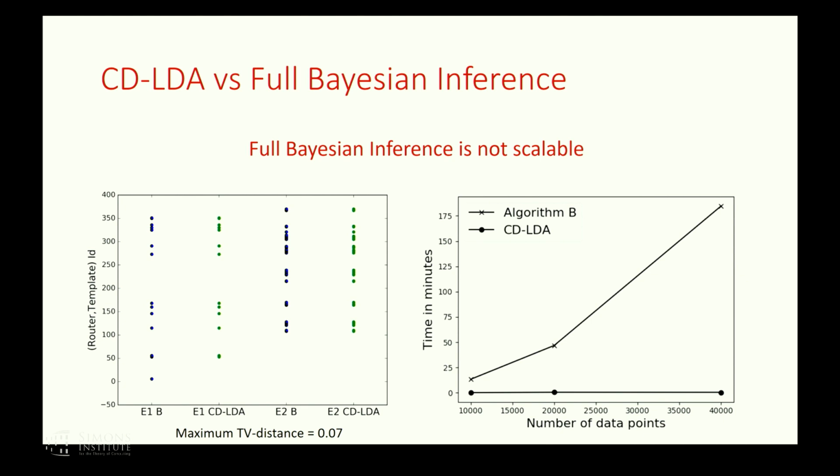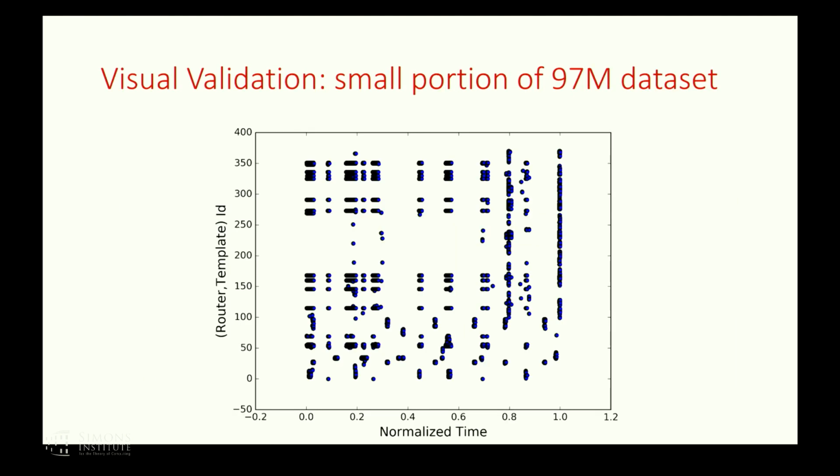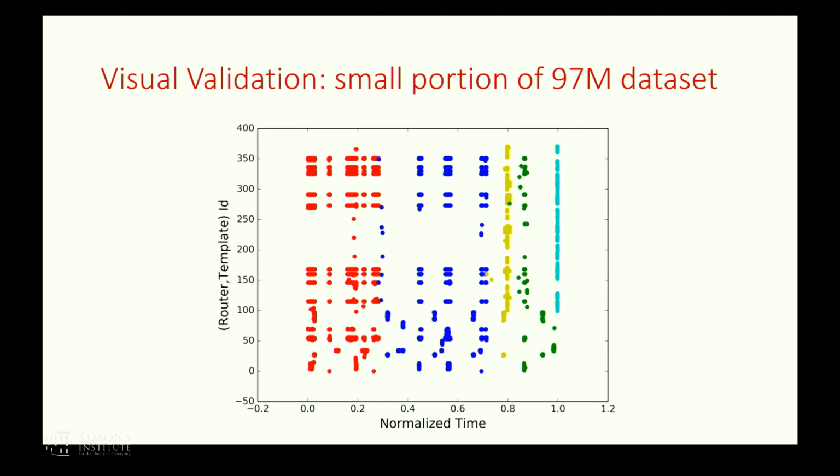But again, these are two different ways to validate what we did. We also tried to understand our answer visually. This is, again, one small segment of the 97 million data set. The x-axis is time, and the y-axis is just the message ID. After we run our algorithm for this part, you can see that there are 1, 2, 3, 4, 5 events here.